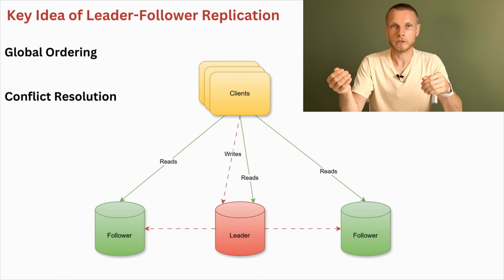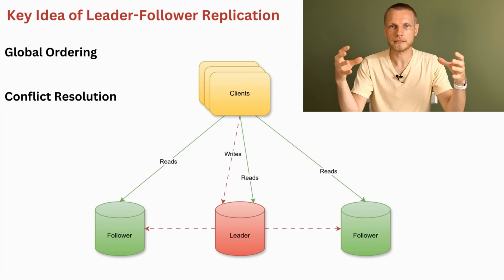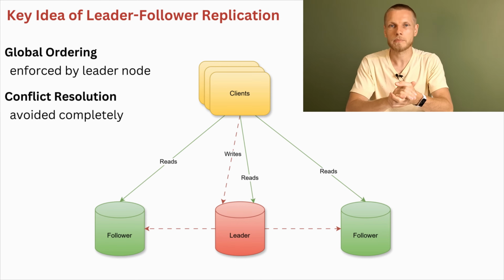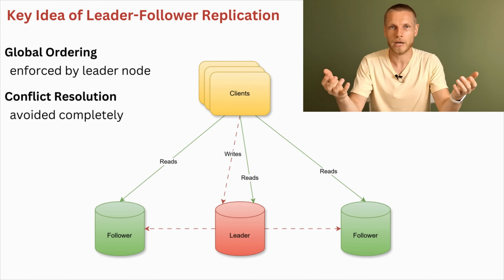In the leader-follower model, total ordering is achieved by having only a single node that accepts writes, and because of this, during the acknowledgement, it just orders them in some total way. And conflict resolution is not applicable to this schema because conflicts are simply avoided: we have only one leader node that accepts writes, so there is no possibility for conflicts.